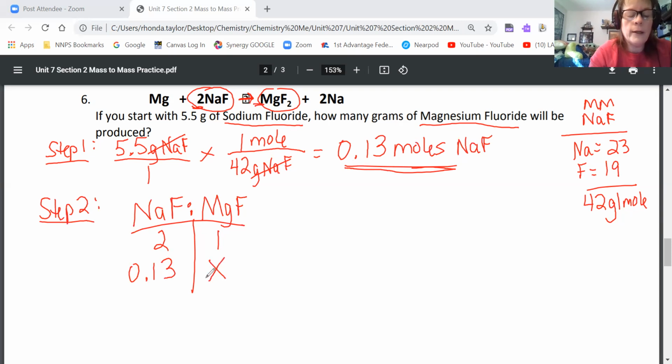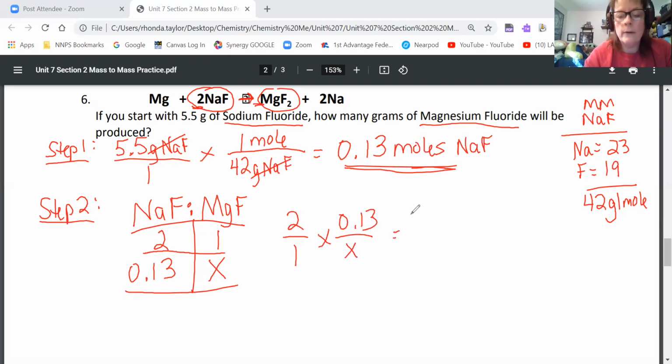So we're trying to figure out how much magnesium fluoride we would get if we only had 0.13 moles. So set up your problem, or your cross multiplying problem, 2 over 1, and then 0.13 over x, and solve for x. That should be an equal sign, sorry. 2x is equal to 0.13.